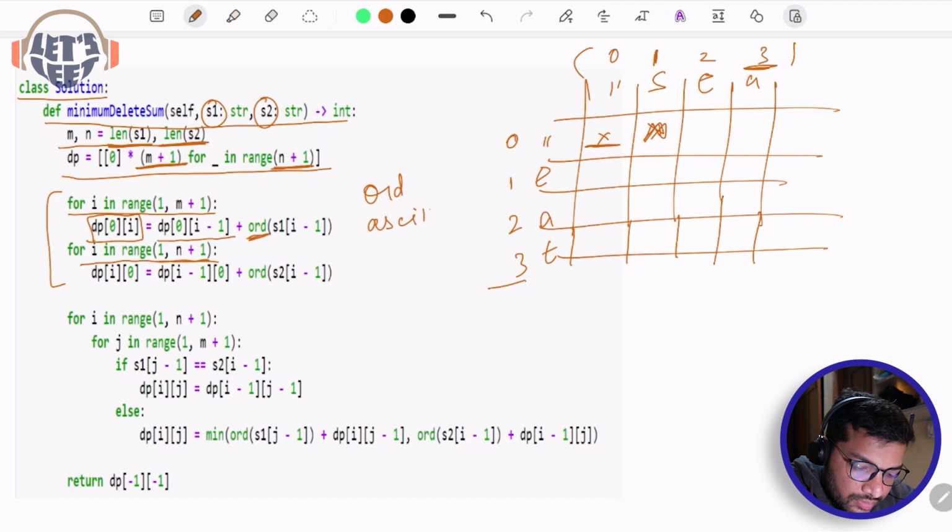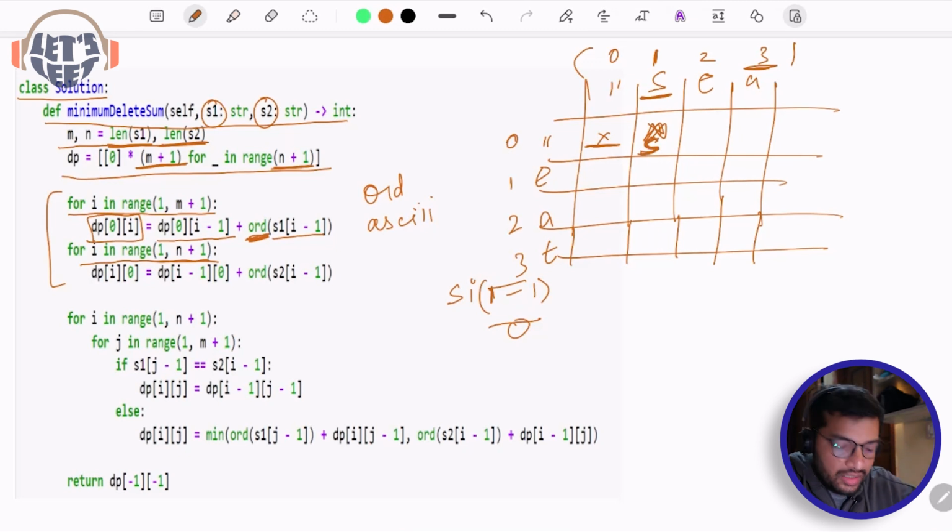So ord of s1 of i minus 1, basically the ASCII value of s1 at the ith index, which is 1 here, minus 1, that will be 0. So it's the ASCII value of the 0th character, S.